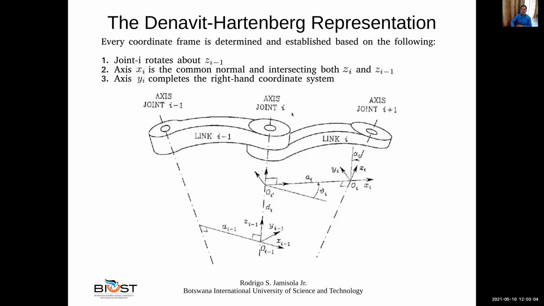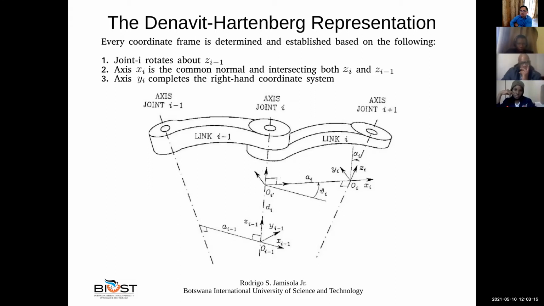So that's the physical constraint. That is the convention that should be followed in this Denavit-Hartenberg convention. So, where are we?